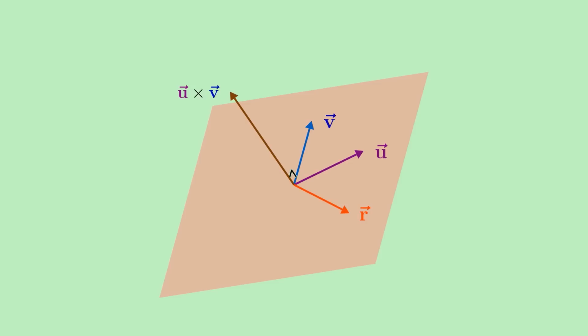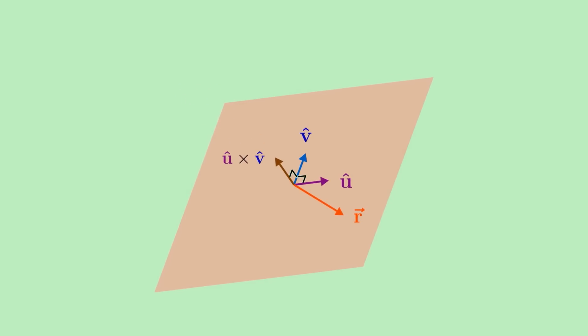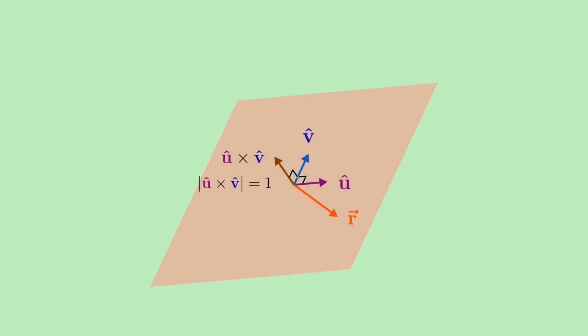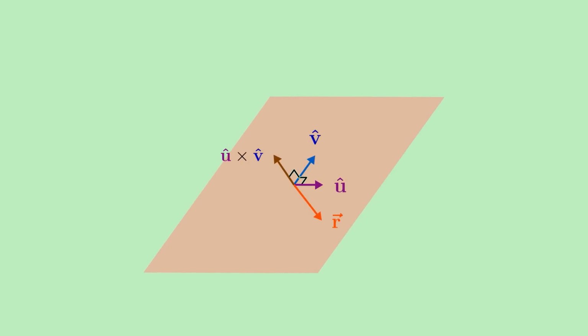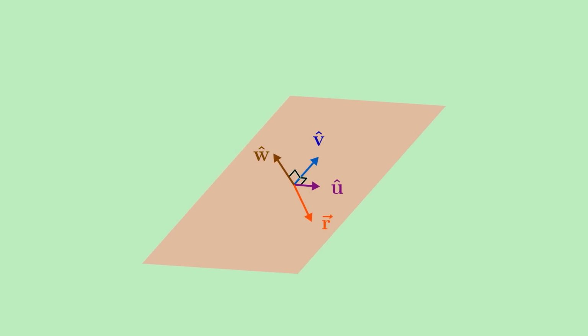To see how, let's first take the vectors u and v to be unit length and perpendicular to each other, so we can ignore any scaling effects from taking their cross product. So the cross product, u cross v, will be a unit vector perpendicular to the uv plane, oriented so that looking down on it, v is offset counterclockwise from u. Let's call this unit vector w for short.